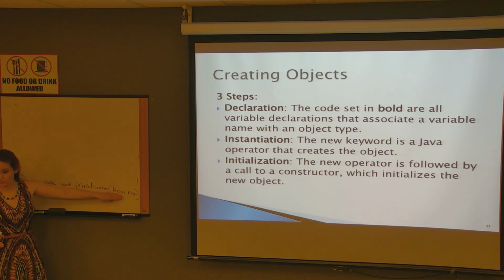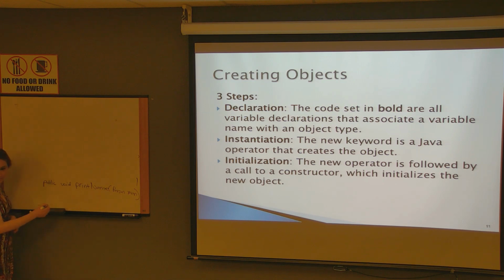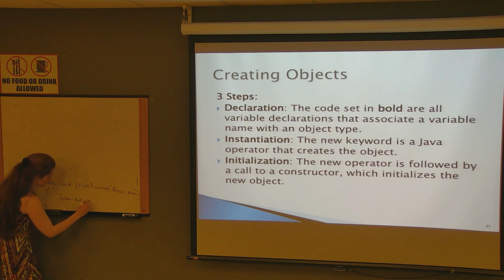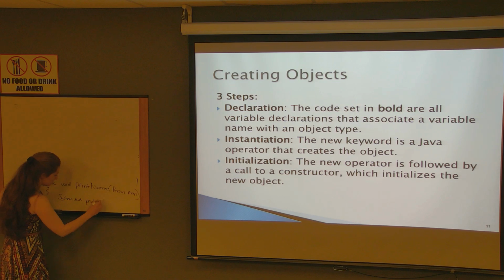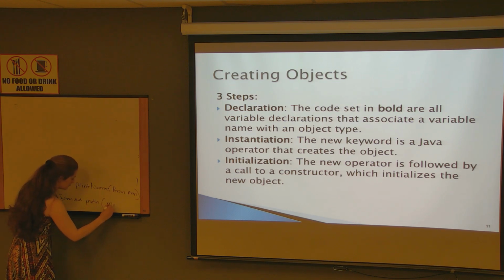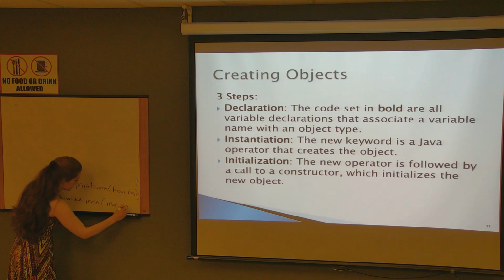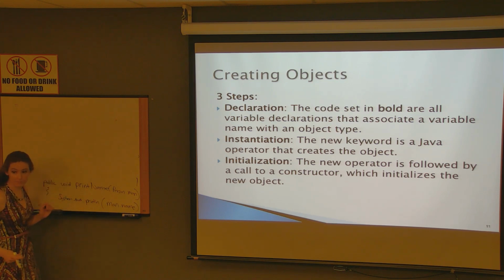All right, so far so good? And there's stuff inside. Now what it does inside is it says System.out.println(man.name). So far so good? That's what it does. This function takes an object as a parameter.